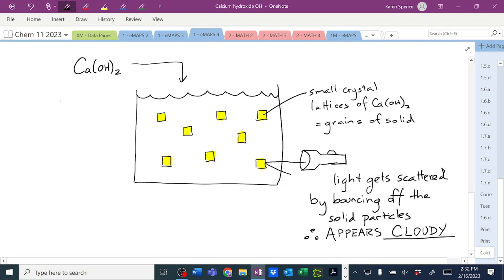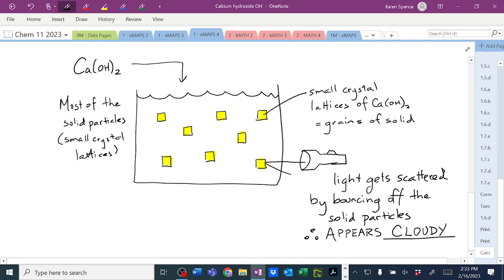So what has happened in here is that most of the solid particles, those small crystal lattices, stay intact.